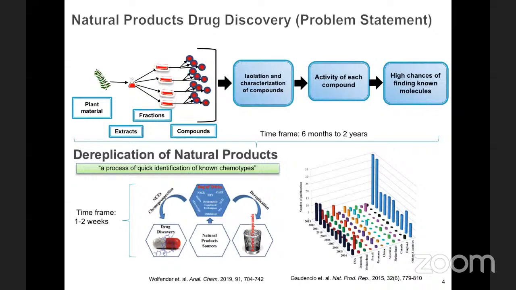That's the aim of this particular method. At least I want to give you this as a take home message at the end of this lecture: that these types of techniques exist, and they help in the natural product area to identify the molecule at an early stage. Now we will discuss how this technique works.